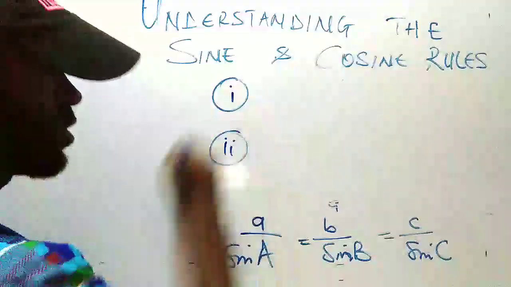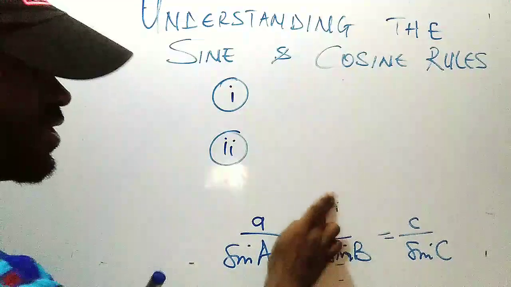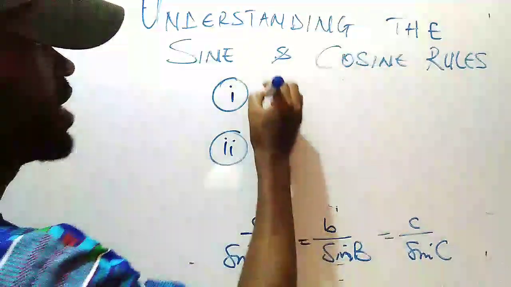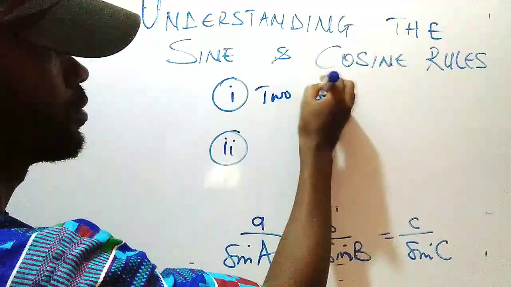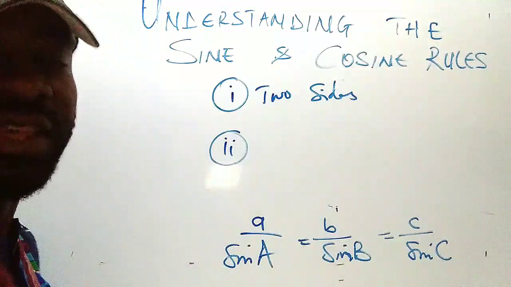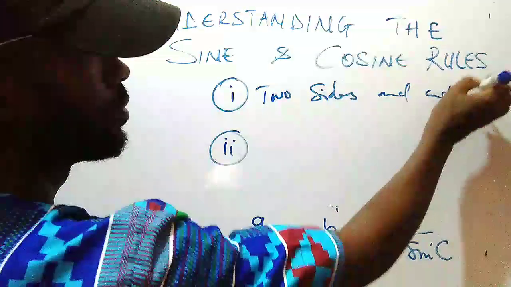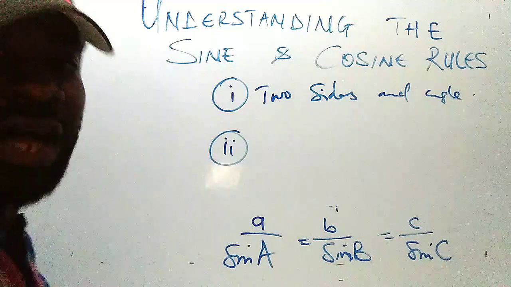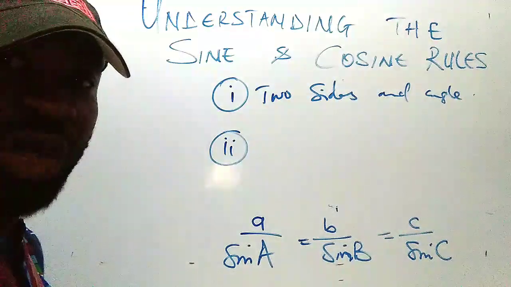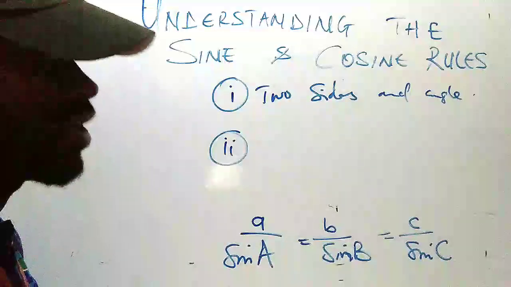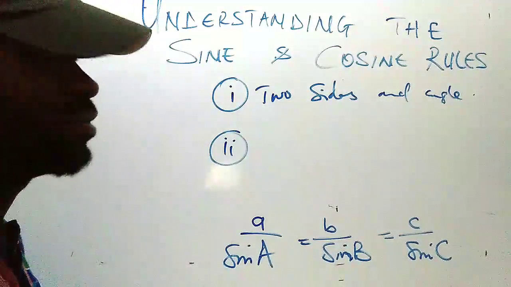Two conditions. One is this: if you have a triangle and two sides are given, and an angle is given, and that angle is opposite one of the sides, then you can apply the sine rule.